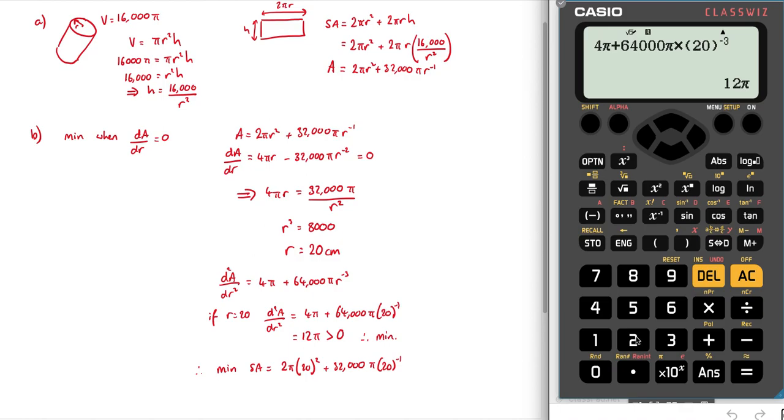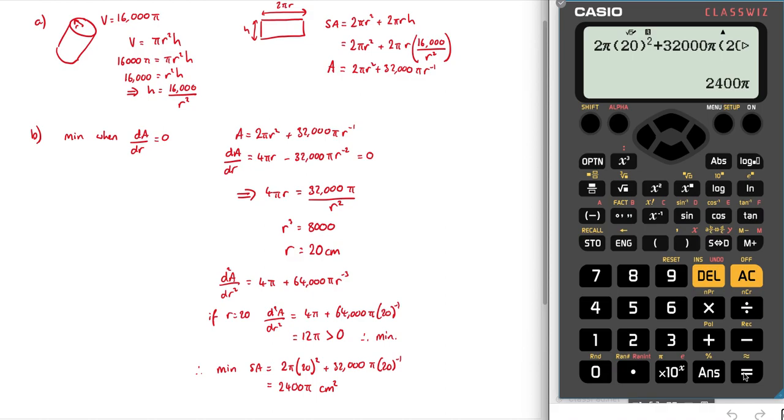Again, this is just some calculator work. 2 pi times 20 squared plus 32,000 pi times 20 to the power of minus 1 gives me a minimum surface area of 2,400 pi centimetres squared.